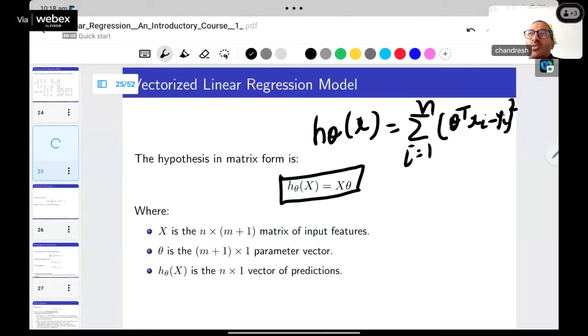So audience, here is a question for you. If you don't ask questions, I will ask questions. What is the name of this loss function? We have a name for it. Can anyone tell me the name of this loss function?